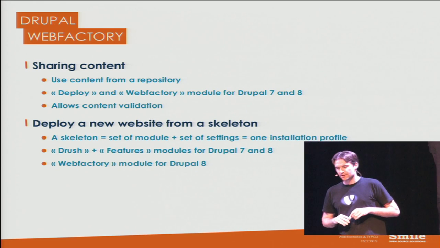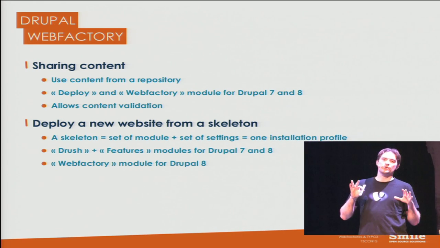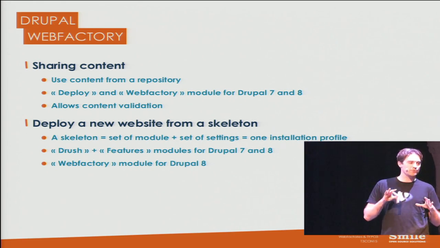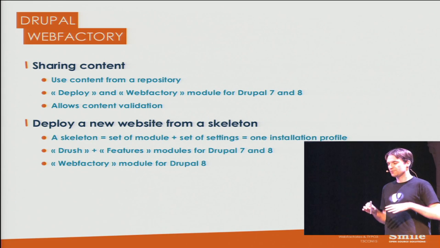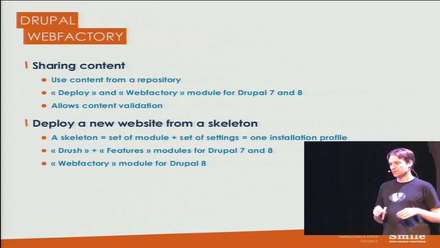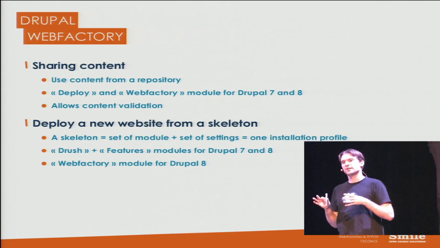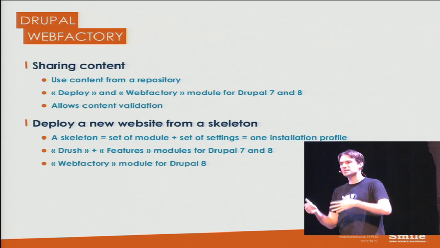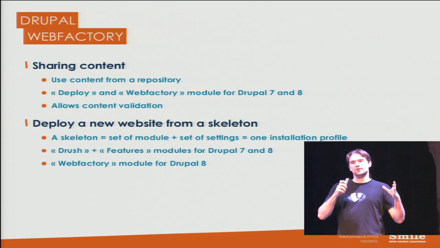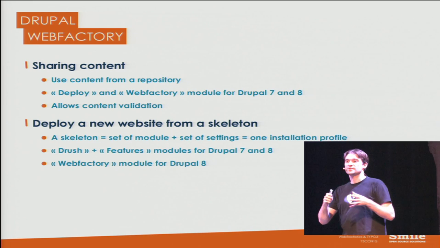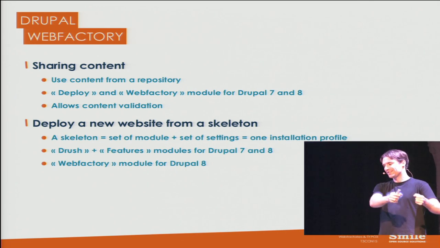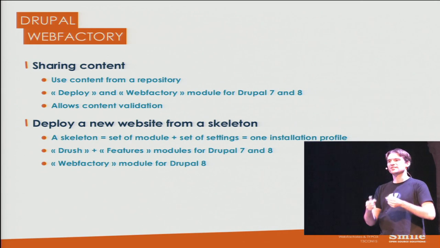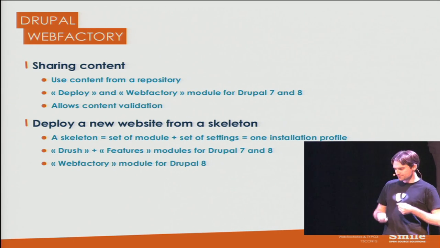Also, the global recipe used to deploy a new website is simply a skeleton. You have a package with modules and a set of settings, and when you are deploying a new website, it runs a script that takes these modules and these settings and deploys the new website.